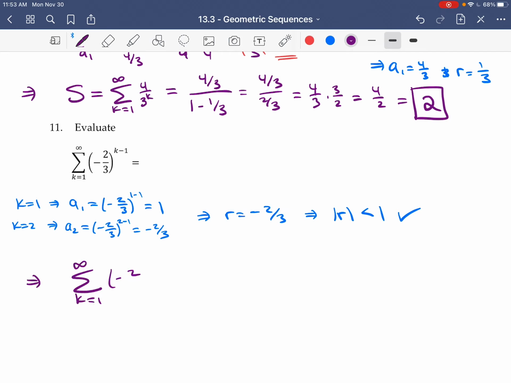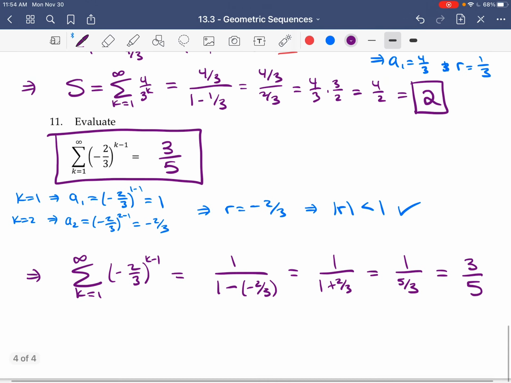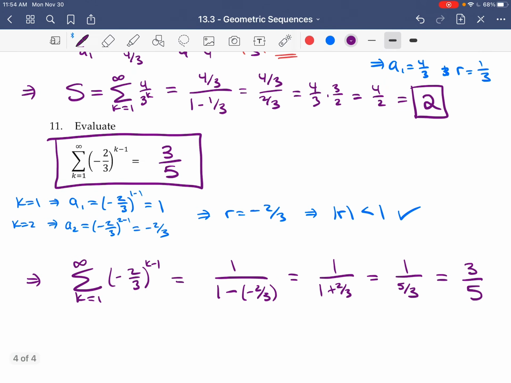So that's 1 over 1 plus 2/3, which is 1 over 5/3. So it's going to be the flip of that, 3/5. Okay, so this sum actually equals 3/5. Okay, so that's what it approaches as you take more and more and more terms. Okay, so those are some examples of geometric sequences.